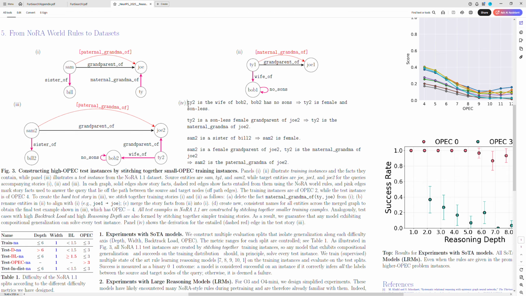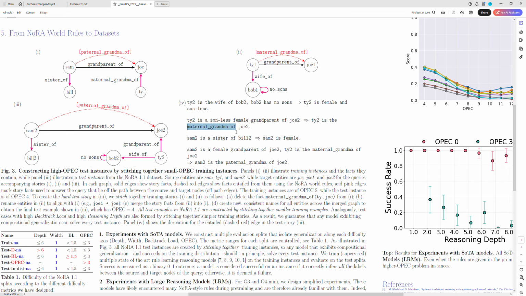So the proof is basically you combine both the proofs of 1 and 2. Here is how it goes. First you say Ty2 is the wife of Bob2. Bob2 has no sons, so Ty2 has no sons, and Ty2 is female. A female grandparent with no sons must be a maternal grandmother.